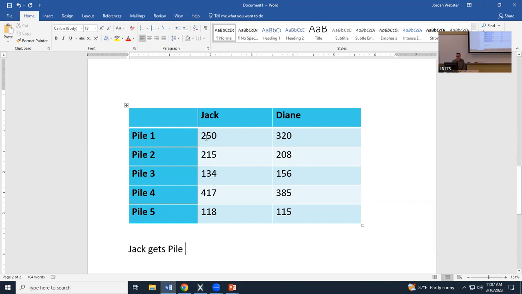Jack is the highest bid on pile 2, on pile 4, and on pile 5. So he's going to get those piles. Diane is the highest bid on pile 1, pile 3, and that's it.